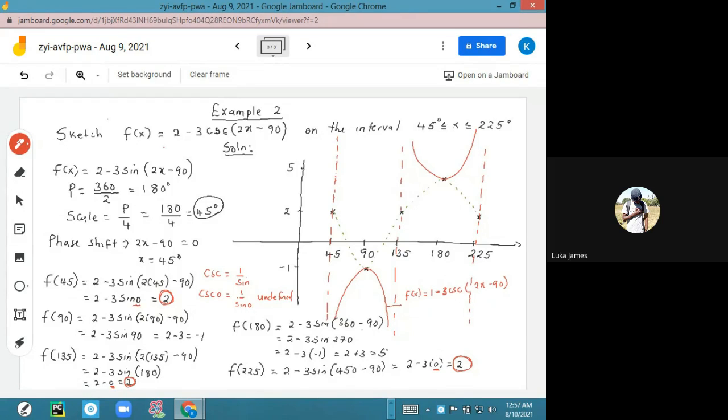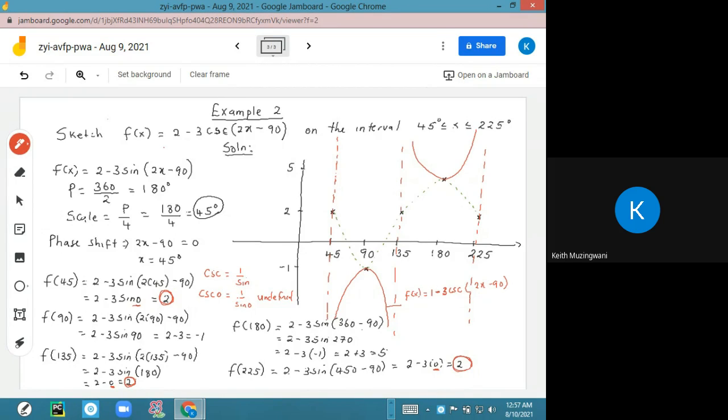So, sir, how are you getting the asymptotes? Like, how do you determine the asymptotes? How do you determine? The asymptote is where the function is undefined. That is what we call an asymptote, where the function is undefined.